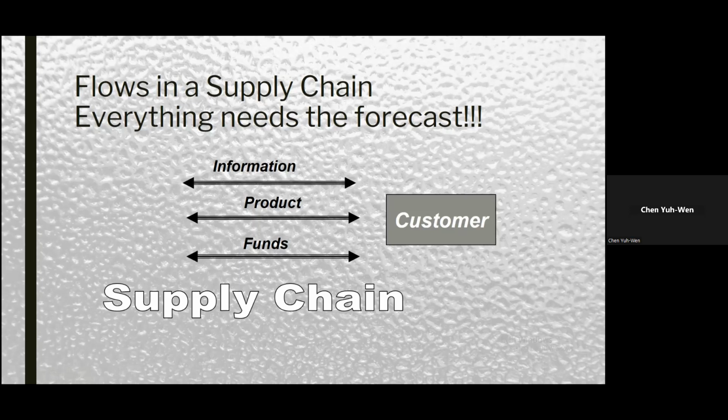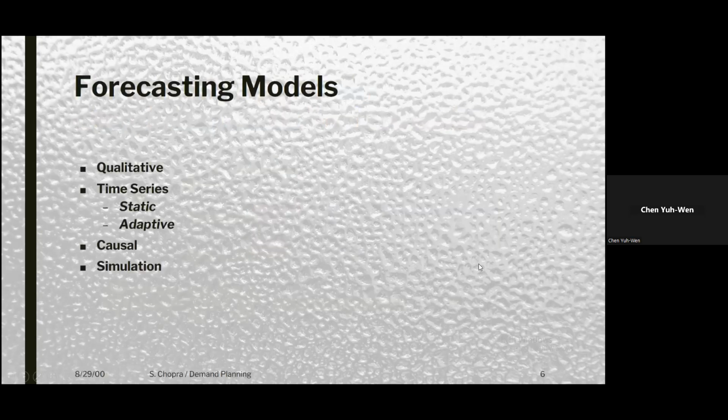So all the values and numbers are under prediction. So they must have such a financial plan or production plan or information plan to plan in advance. Okay, and the forecasting model, what do we have here?